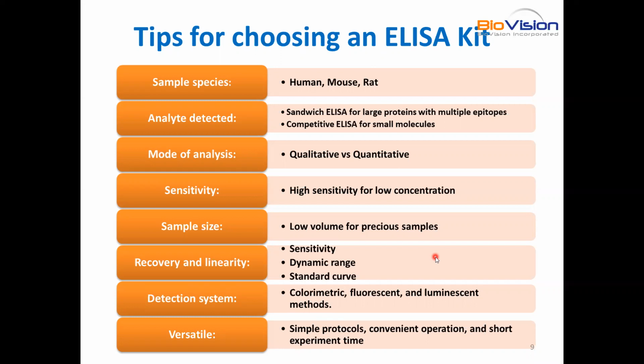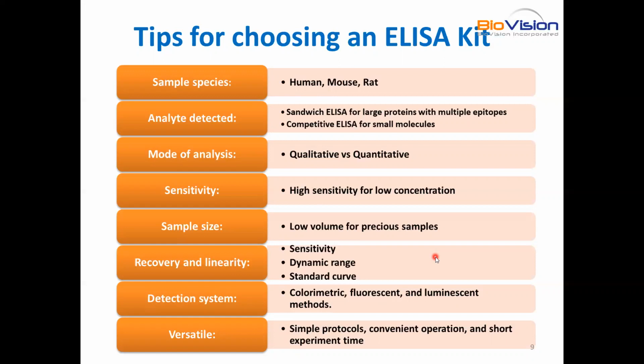So for example, sandwich ELISA is generally suitable for detecting large proteins with multiple epitopes, while the competitive ELISA is suitable for detecting small molecules like antibiotics. Sandwich ELISA can detect large proteins like cytokines.